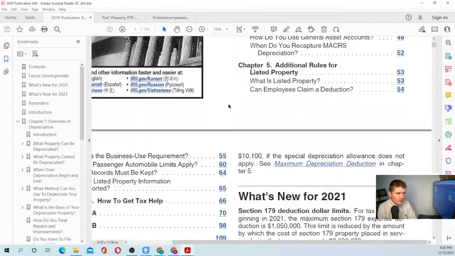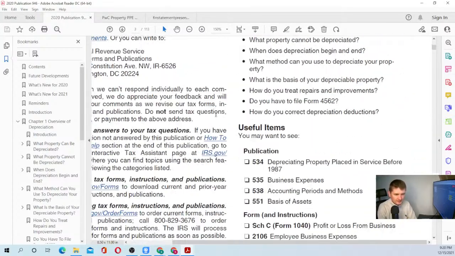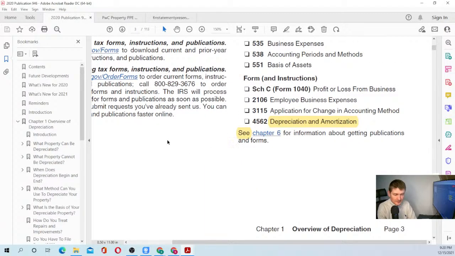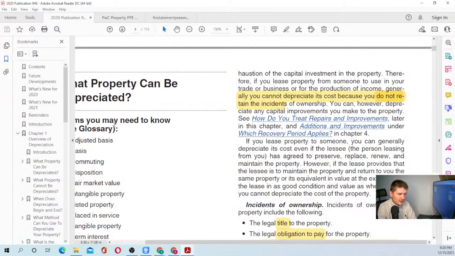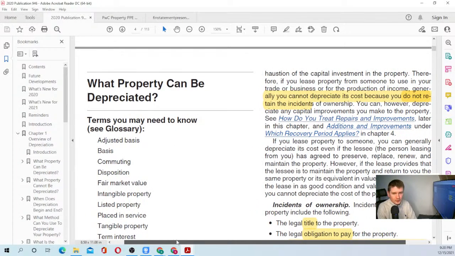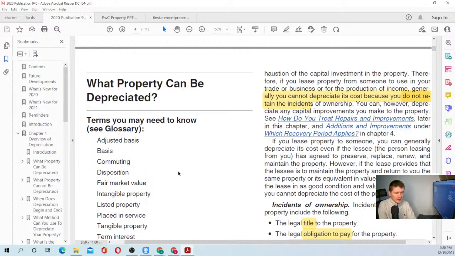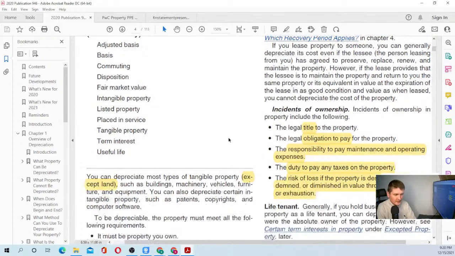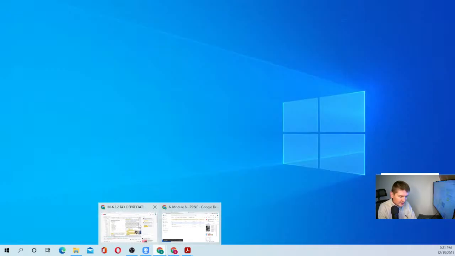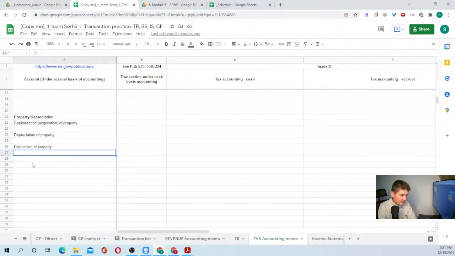So what property can be depreciated? This document contains quite a bit of useful information, so I recommend that if you do books for a business and the business acquires a property, plant, or equipment item, first of all, you go to accounting guidance and you make an accounting entry. And most of the time your entries will be about the same.